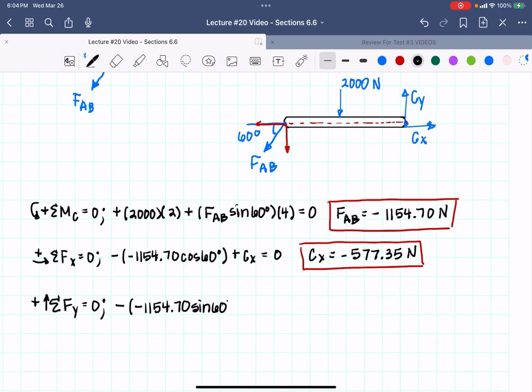I've got the 2,000 Newton force going down, so negative, and then I've got C of Y going up. So when I do all that out, I get a positive number. So we did assume C of Y correctly. C of Y equals 1,000 newtons. So put a box around it. All right, that's it.